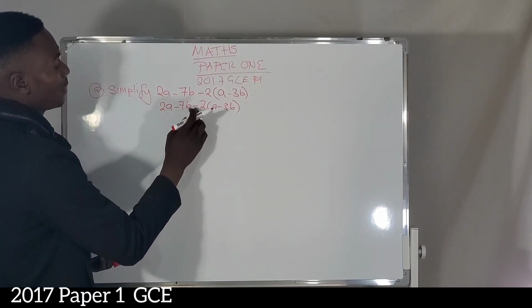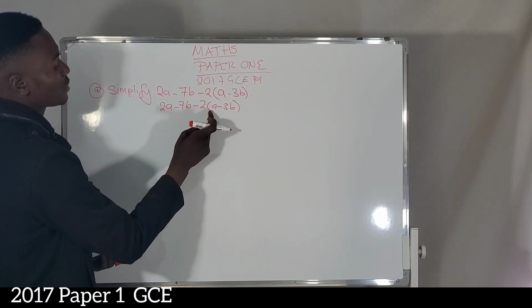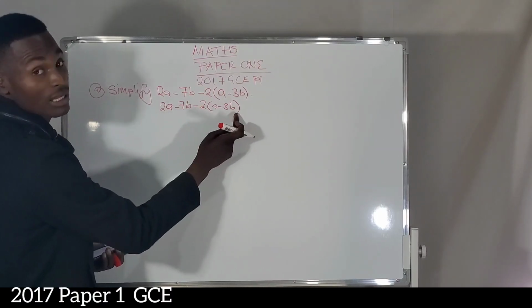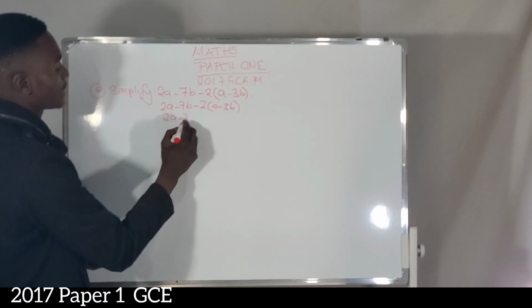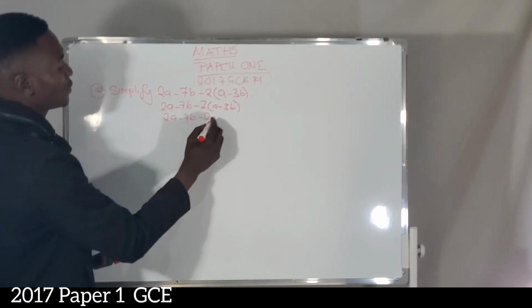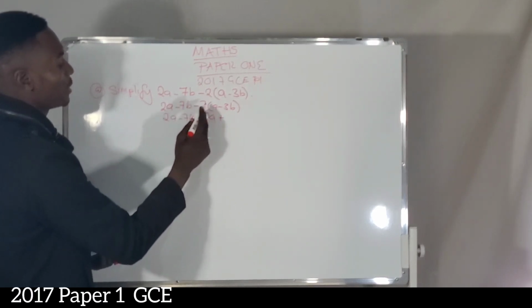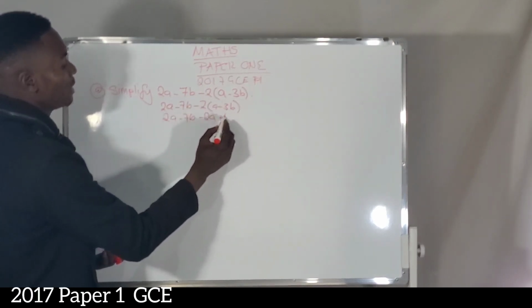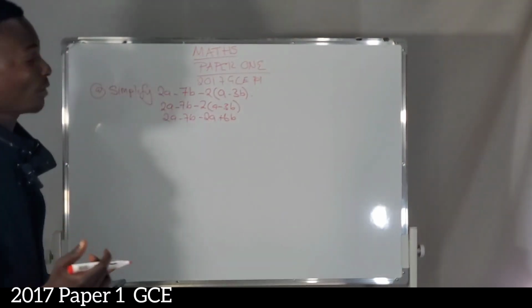We will solve by multiplying the number which is closer to the bracket, which is -2. So -2 will be multiplied by everything in the brackets here. So we're going to maintain here 2a minus 7b, then -2 times a will be -2a. Negative times negative will be positive. 2 times 3b will be 6b. Okay, it is as simple as this.